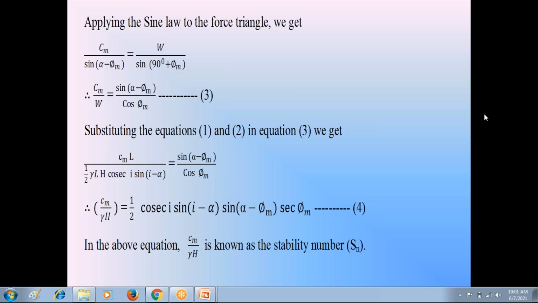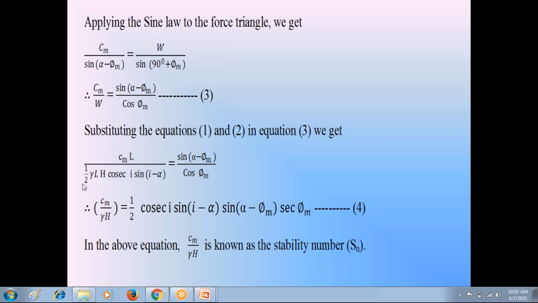Okay, coming to the continuation of Kalman's method. From that force triangle, we got that ratio Cm divided by total weight W is equal to sine alpha minus phi m by cos phi m. But we already know this weight W equation, which we prepared in Kalman's method.